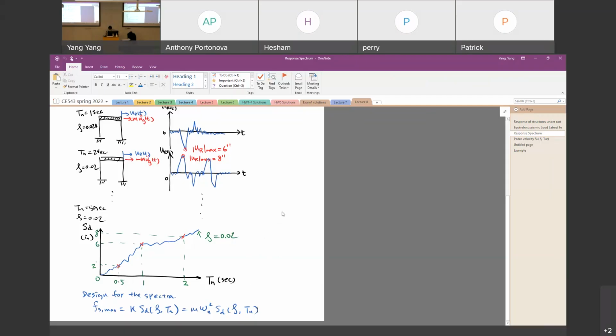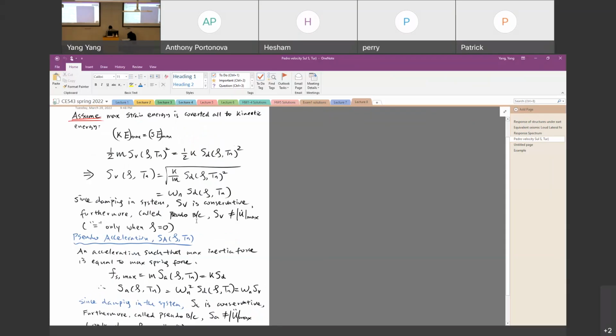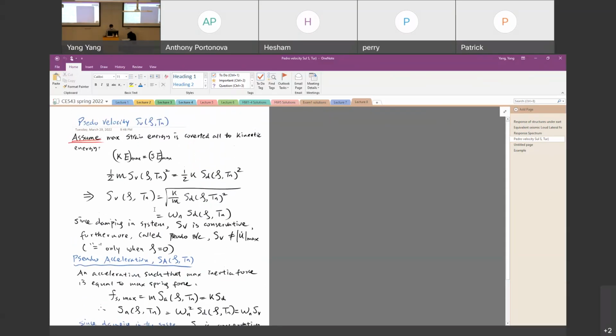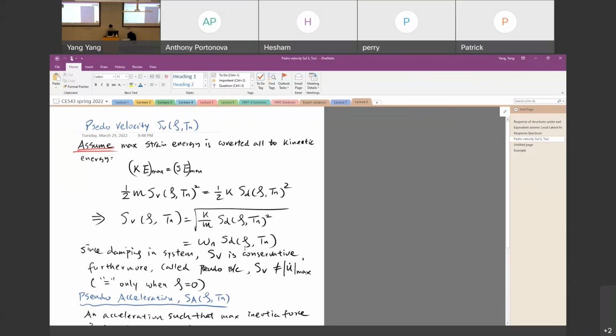And last time we also talked about the other two types of response spectrum. Initially, we are concerned about the displacement, but sometimes we also need to know the response of velocity as well as acceleration of the system.